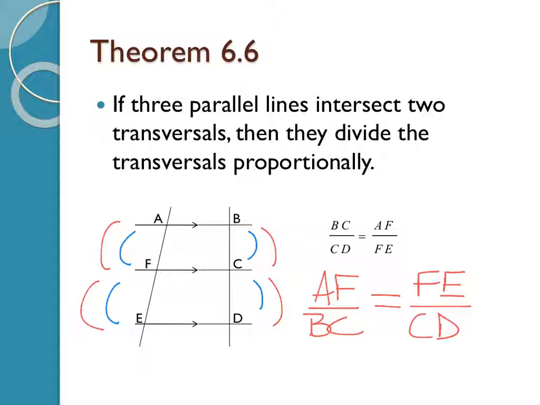You could even go bottom to top. You could say this bottom over this top, so EF over AF equals this bottom, so CD or DC over here.